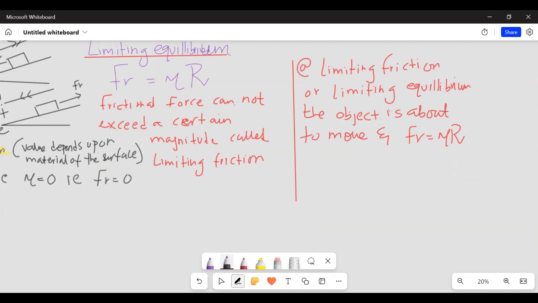Okay. Let's say here's a surface, here's a calculator. Let's say कि आप इसको slightly touch कर रहे हो तो एक फोर्स लगा रहे हो इस पे.